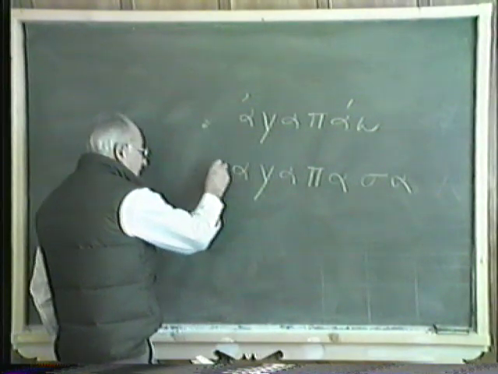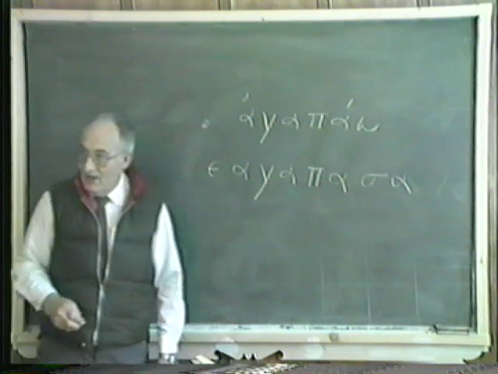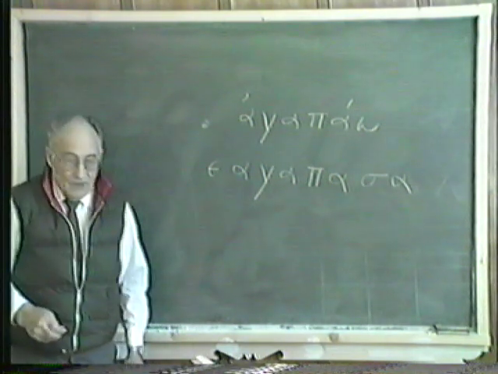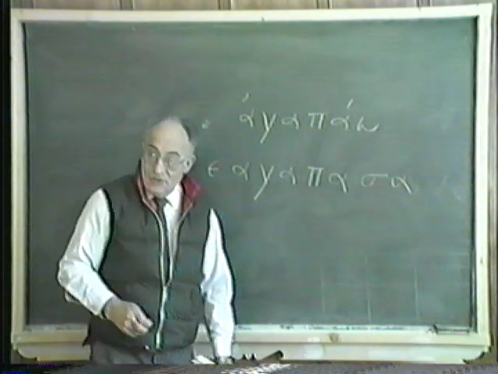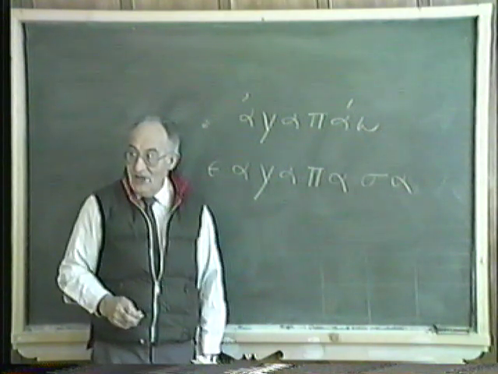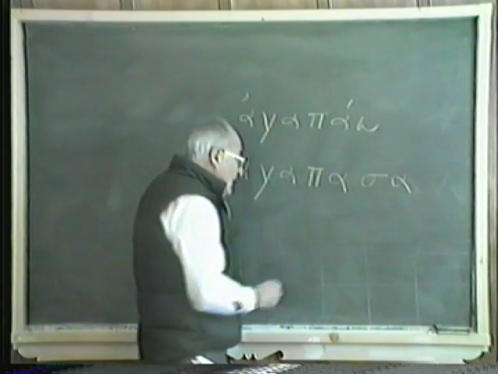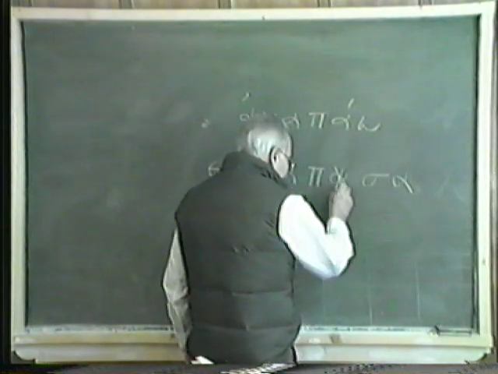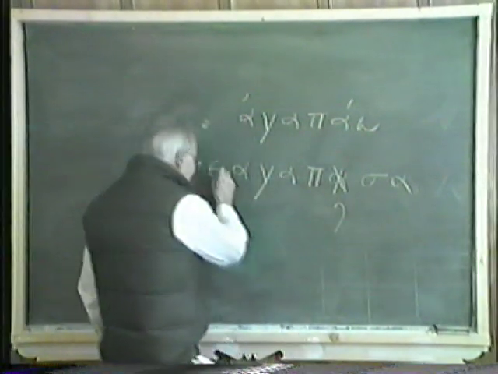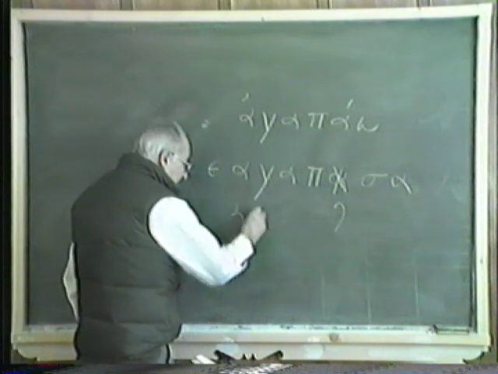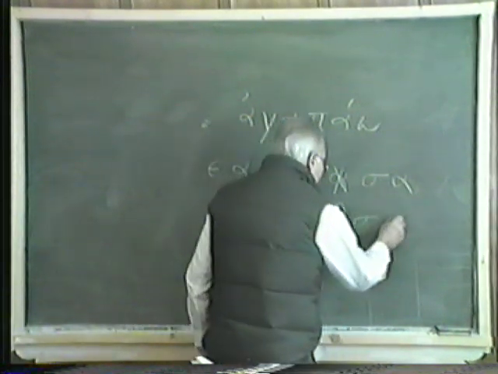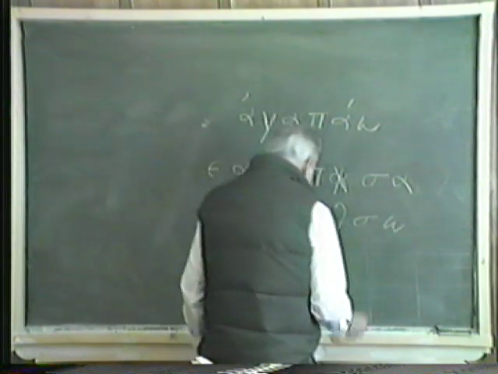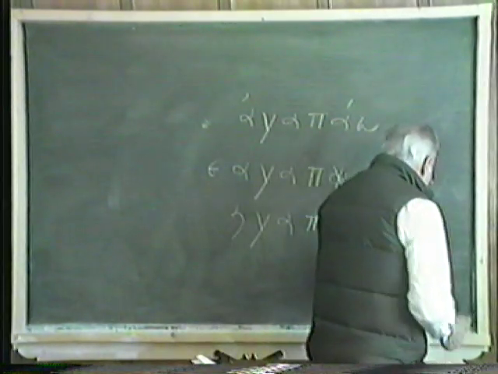And I'm going to put an epsilon over there by virtue of the augment, eh? Okay. Now then, as was true for the future, that contracts to eta, and these two contract to eta, so I've got agape sa.